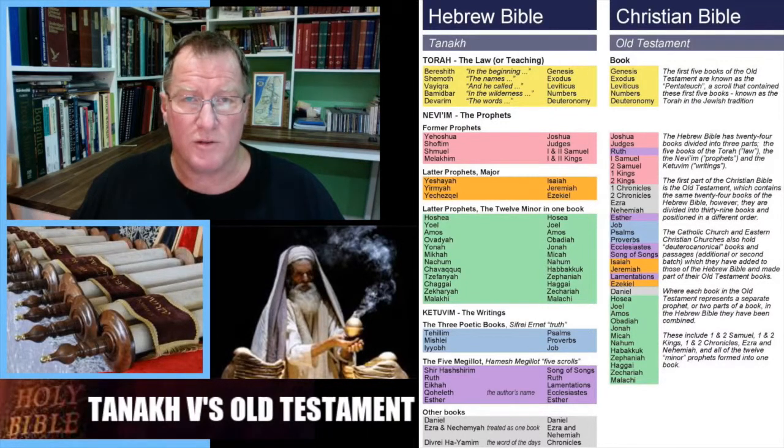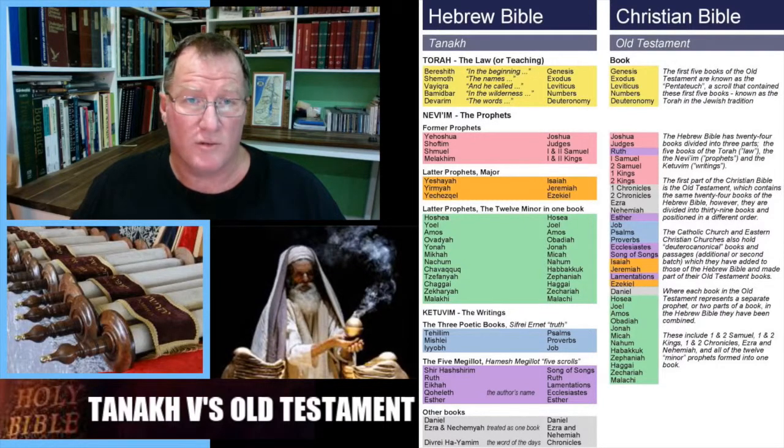The other difference between the Tanakh and the Old Testament, the Christian Bible, is that the books are combined in the Hebrew Bible where they're not in the Christian Bible. There's a difference in the total number of books. There are 24 books in the Hebrew Bible, whereas there are 39 books in the Old Testament.